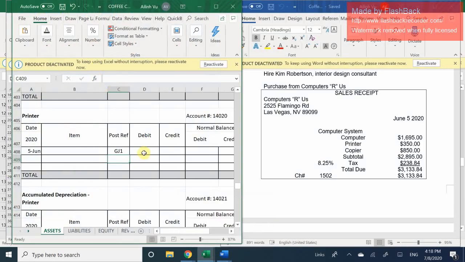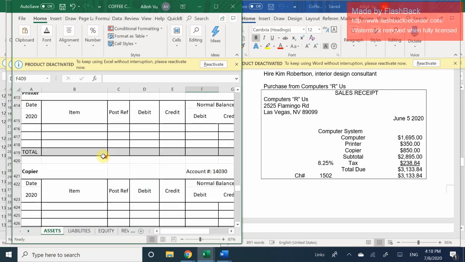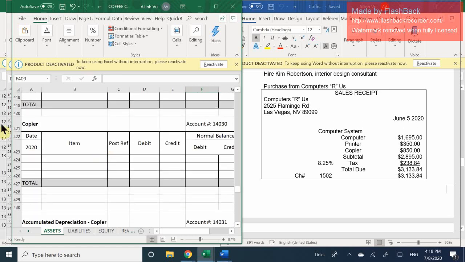It should be for the same page, page 12. And then this should be on the next page. Page 13 should be the copier.